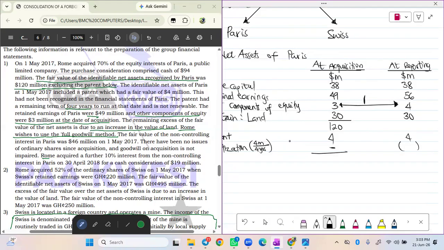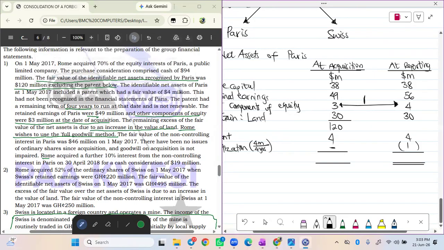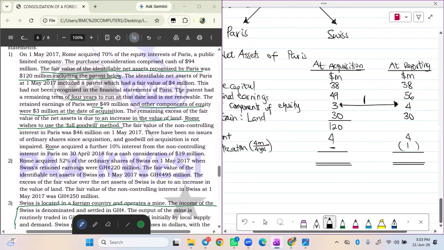There's no intra-group transaction. So there was no intragroup transaction where the subsidiary Paris was the seller. So that would be all. So what is at acquisition and at reporting?